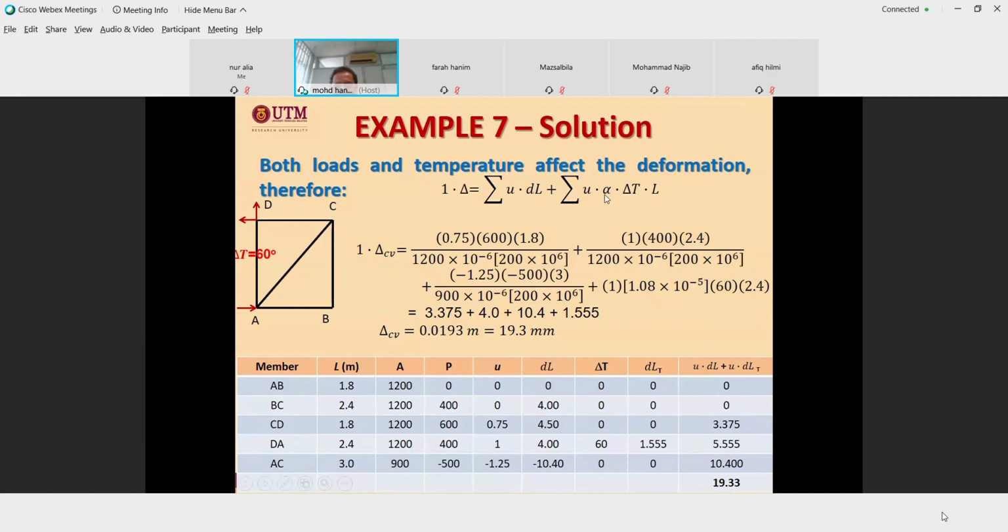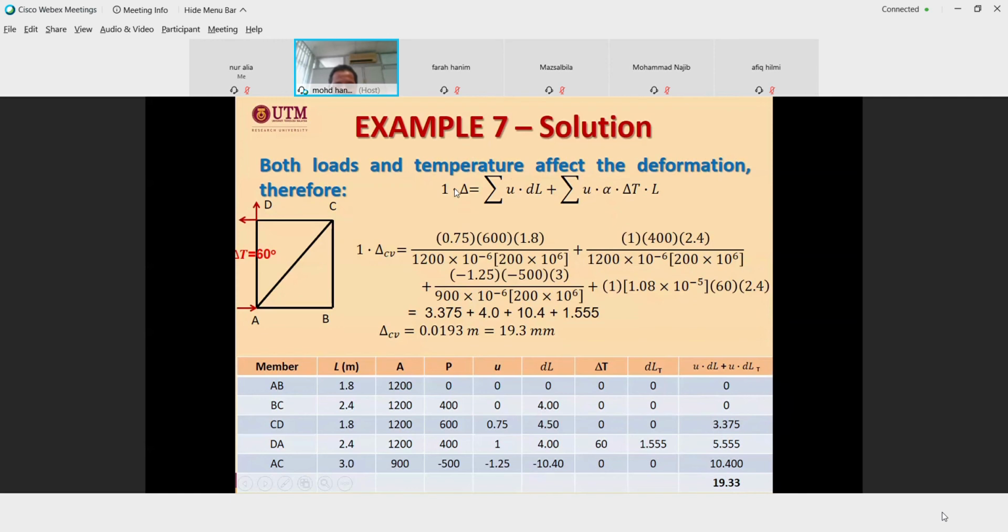Now the sum of the internal work here. This is the sum of internal work. What is the sum of external work? No, there is no column. The external work is here.